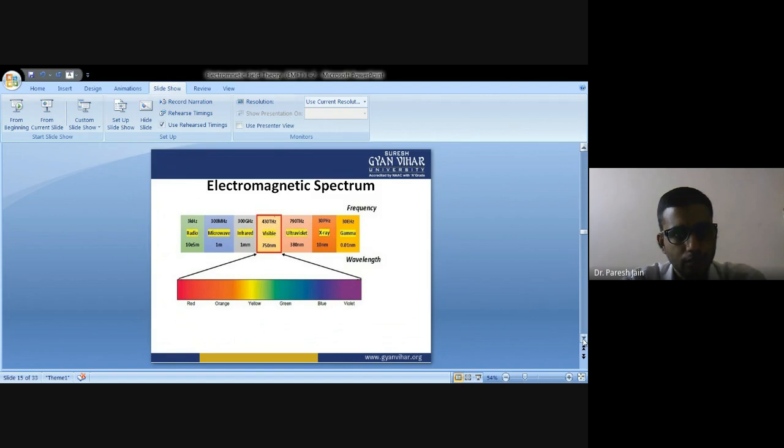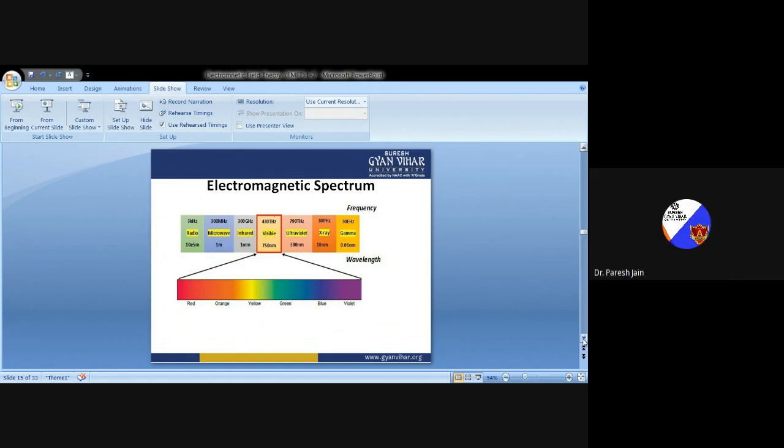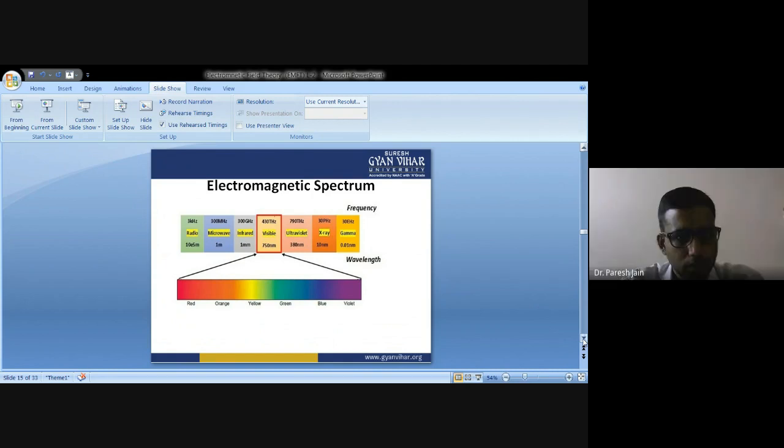Here we have a frequency range and wavelength. Radio frequency is in the frequency 3 kHz. Microwave 300 megahertz. After that we have the infrared range, that is 300 gigahertz.